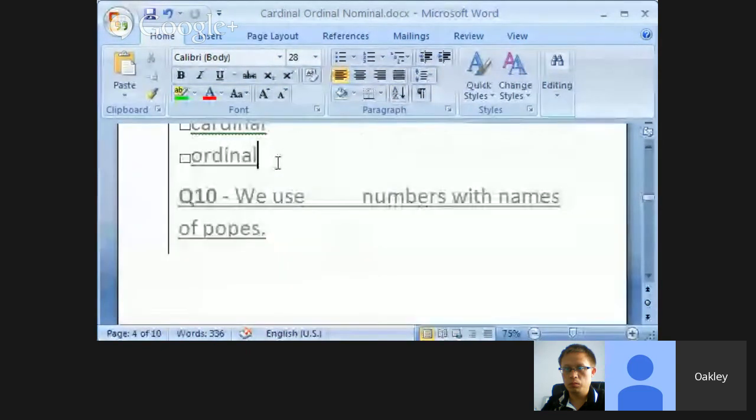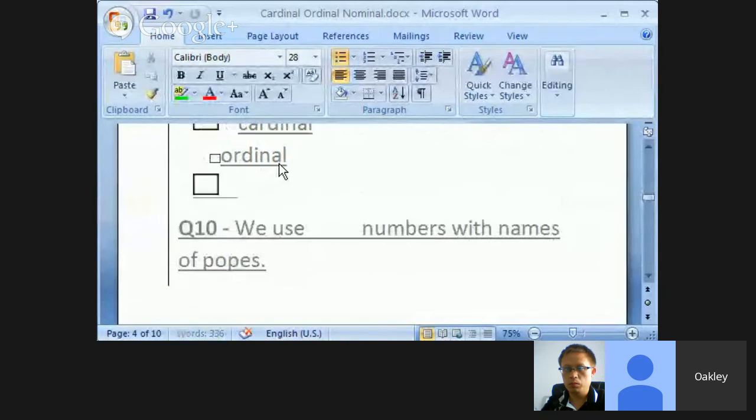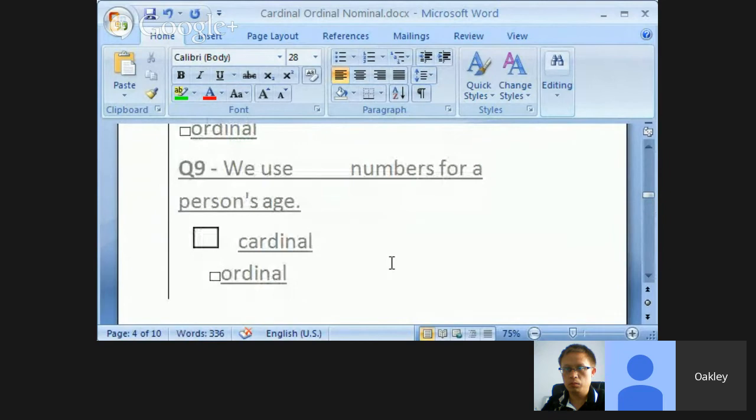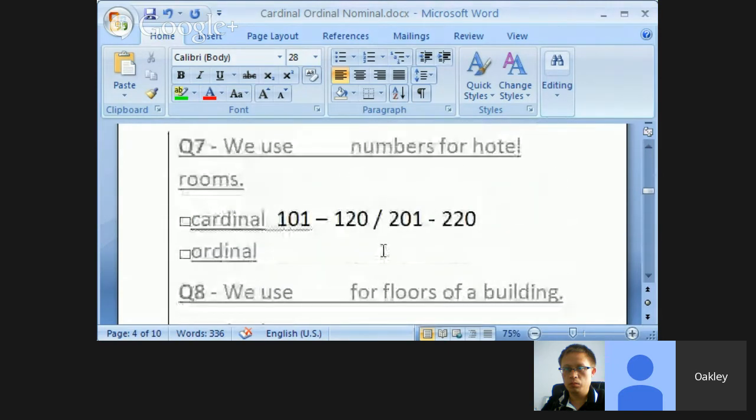Yeah. Okay. Teacher, I have a question. What's that? Just now you talked about numbers for hotel rooms. How do you pronounce this number? Okay, I'm in room 111. I'm in room 214.